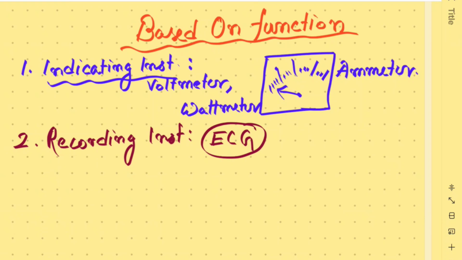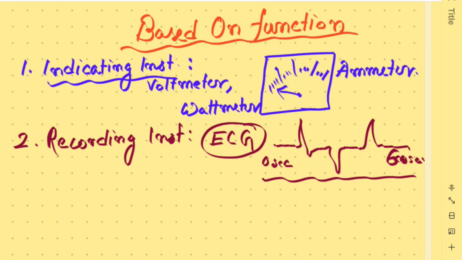When we go to diagnose our heartbeat or heart condition, the doctor will do an ECG test, and it will record the behavior of our heart over a particular time. Suppose from 0 seconds to 60 seconds, it is continuously taking the reading, recording the whole period. That is a recording instrument.